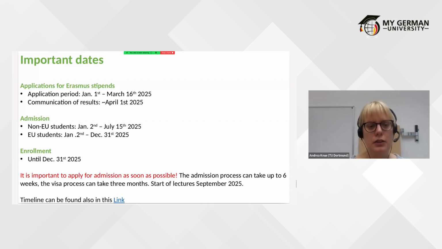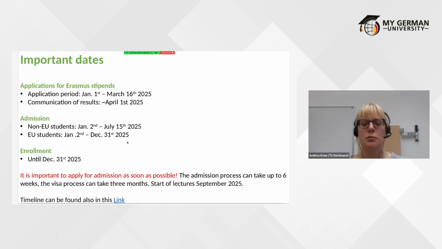You can do it between January and July the 15th. So July the 15th is a hard cutoff because it takes a while for UniAssist to look at all of these documents. The EU students have a little bit more time. And then you can enroll until end of the year 2025. And it's very important to apply for admission as soon as possible.